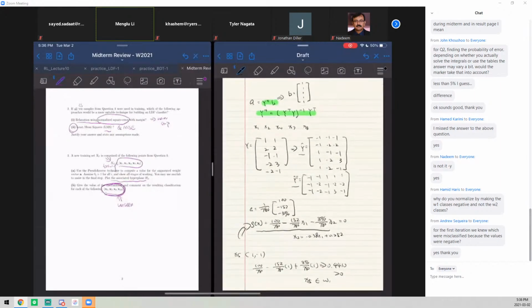Okay, any questions? I think, yeah, we are done for the practice problem set. Any questions for both problem set or regarding the midterm?